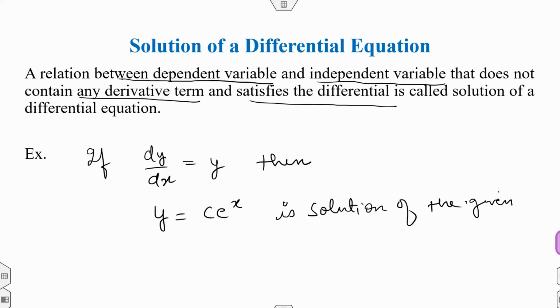We will talk about how we get this solution, but you can see that if we differentiate, dy by dx, we will get c e to the power x, which is equal to y. This is independent of any derivative and it is a relationship between the dependent and independent variable. So it is called a solution of the given differential equation.